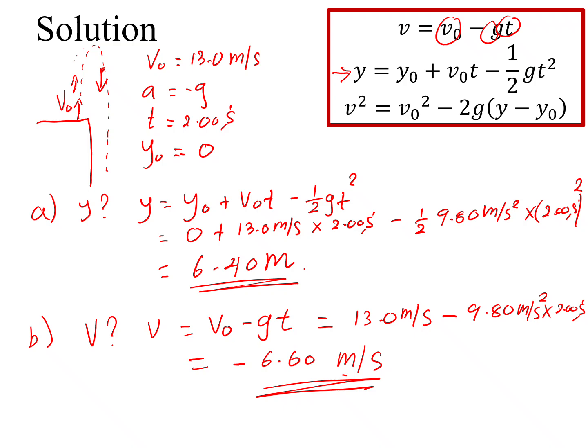And since we got our final y position a positive value, 6.4 meters, it means this is right now situated above the starting point. So this distance will be 6.4 meters, and then the velocity at this point is 6.6 meters per second pointing down.